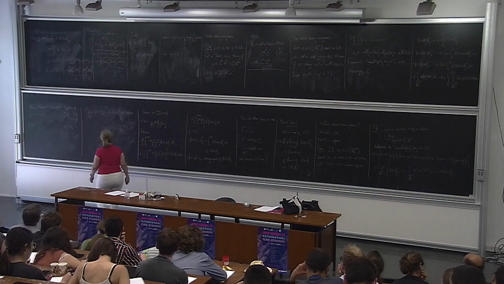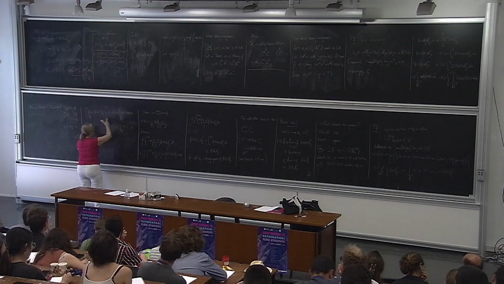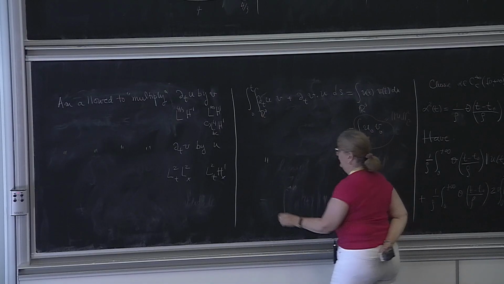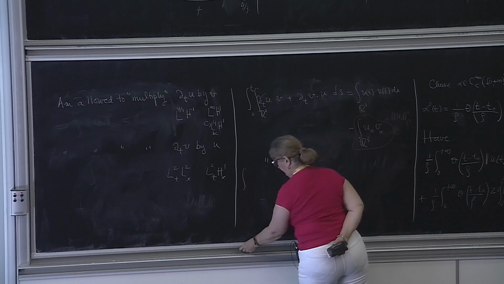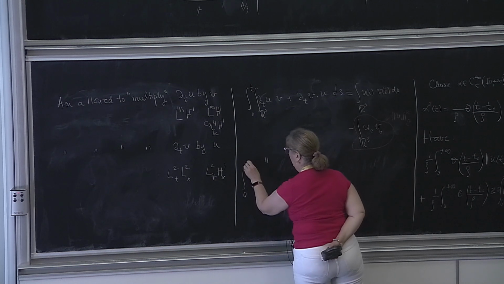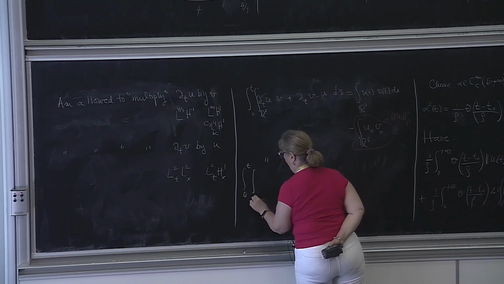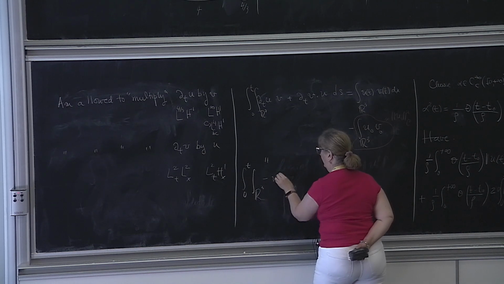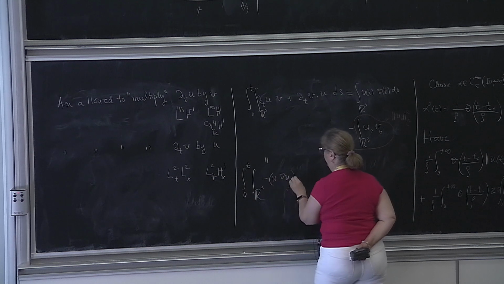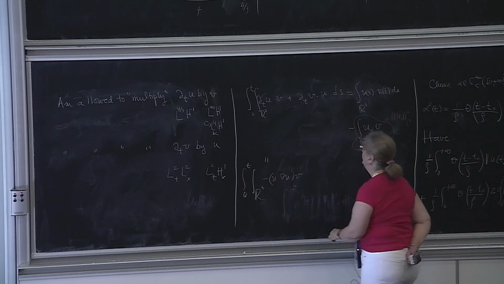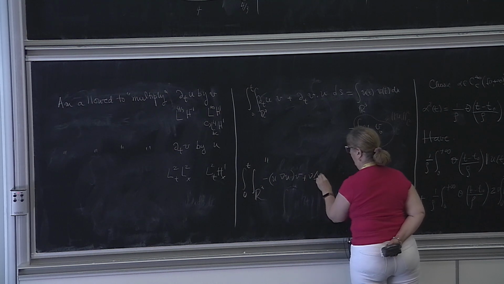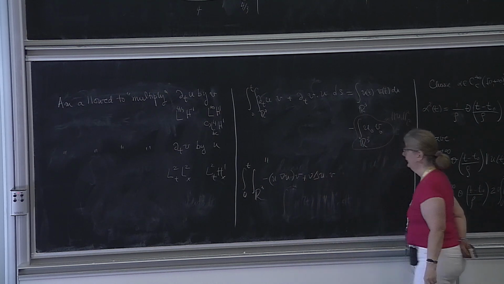So what is this? On the other hand, let's use the PDE. So this is the integral from 0 to t of the integral on R3 of minus u dot grad u times v plus nu Laplacian of u times v.